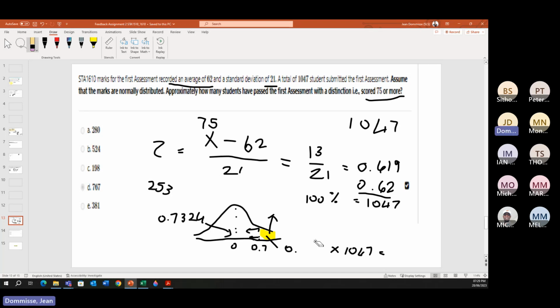So that area is not that. It is 1 minus that, so 1 minus 0.7324 is 0.2676.